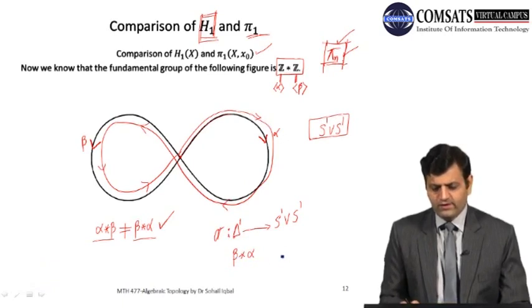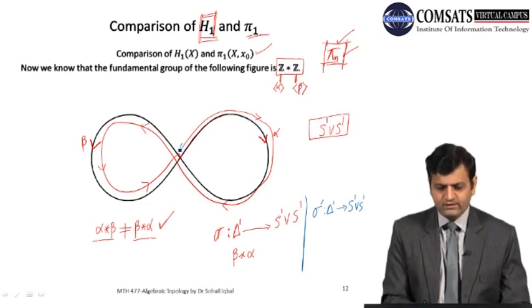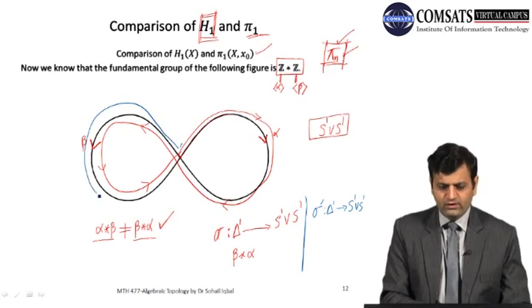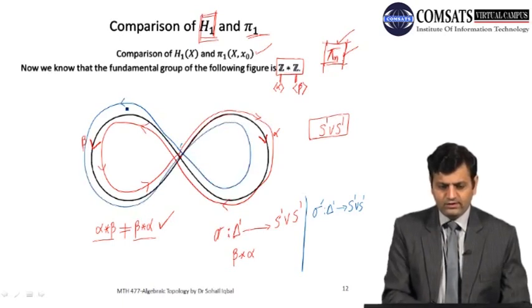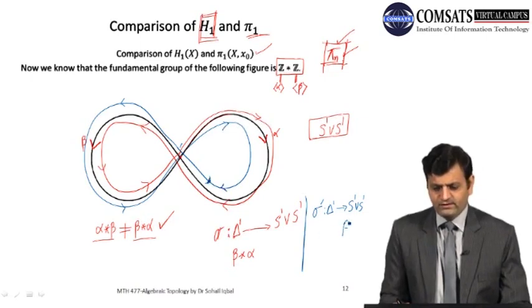And I can also define another sigma prime from the standard one simplex to S1 wedge S1, such that I start with beta and then move along alpha.